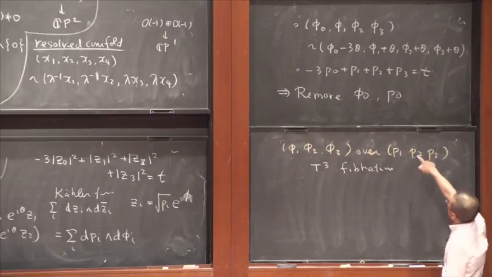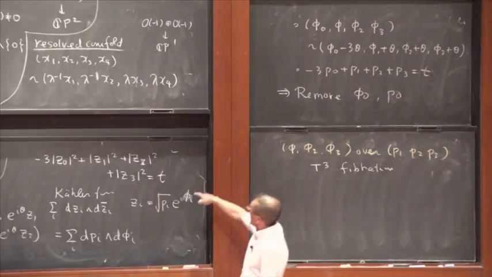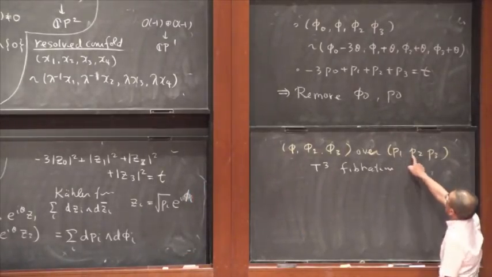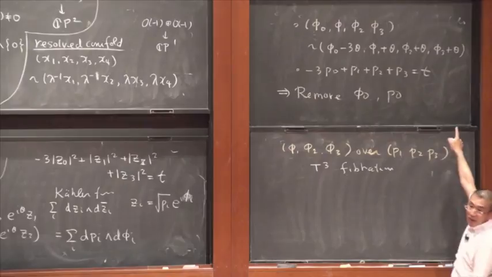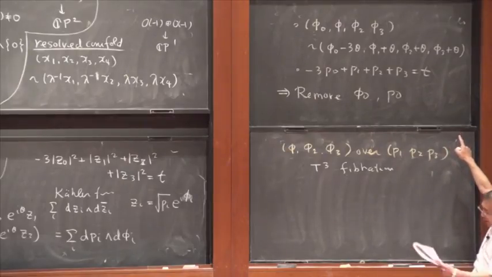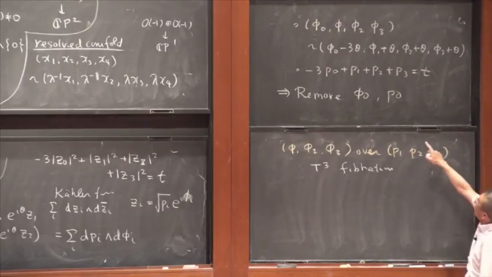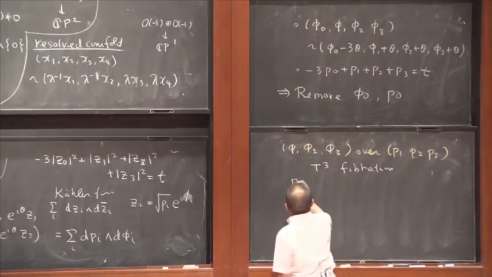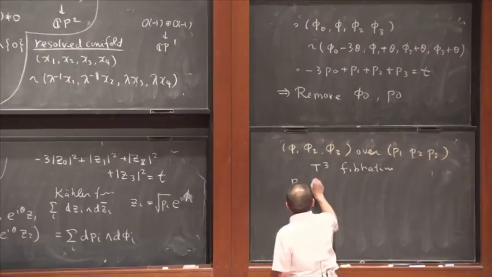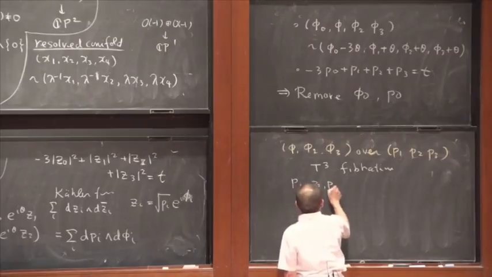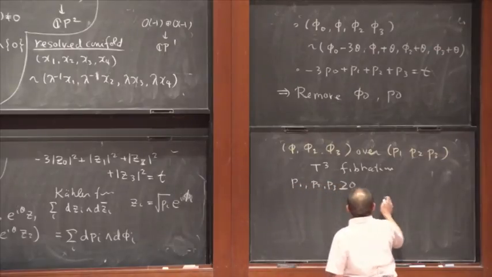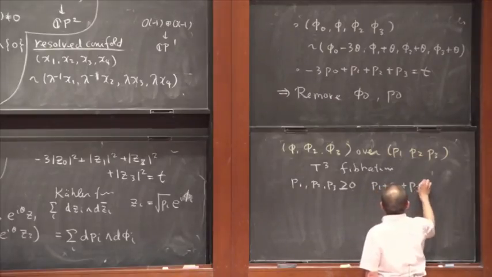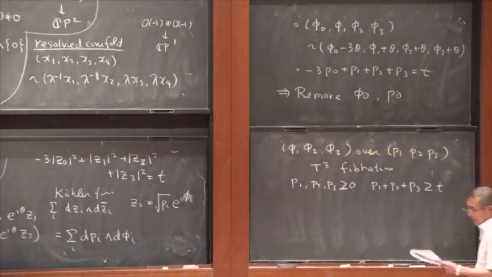Well, first of all, each p has to be a positive number because of this parameterization. And second of all, the sum of p1, p2, p3 has to be greater than T, because subtracting minus 3 p0, that should give you T. So that means that p1, p2, p3 have to be positive, and also the sum of them should be greater than T.